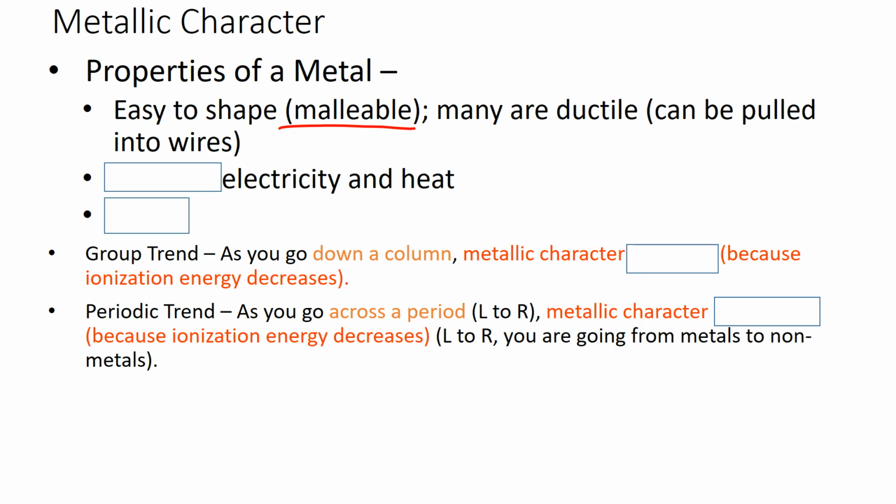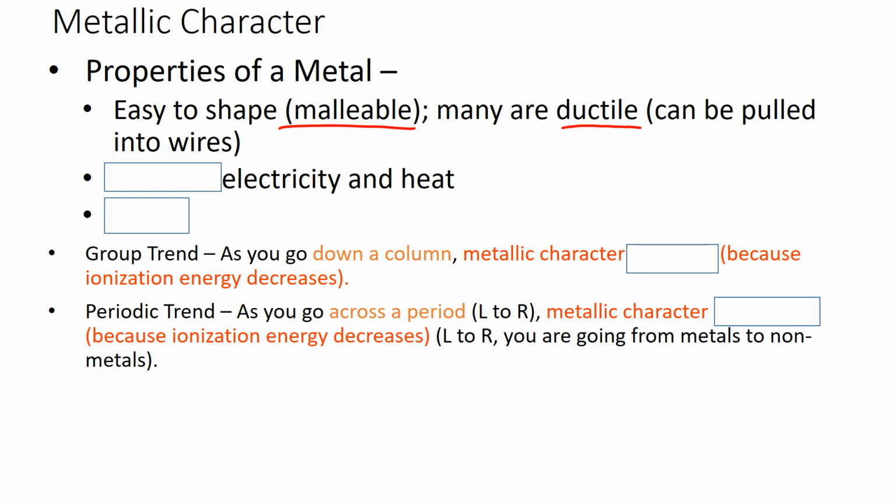Metals are also ductile, which means we can draw them into wire or tube or piping, things like that. So we can take a metal sheet, wrap it in on itself, or fold it in, and we can pull it and draw it out and make other things out of it.